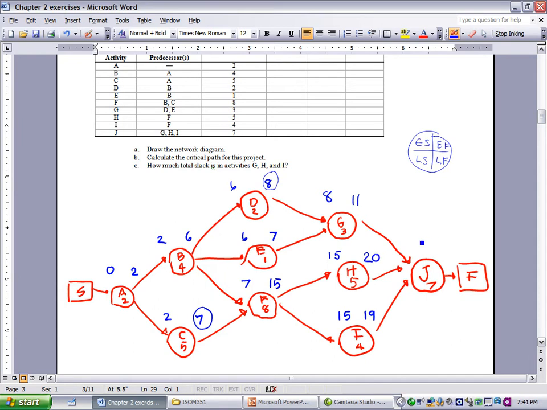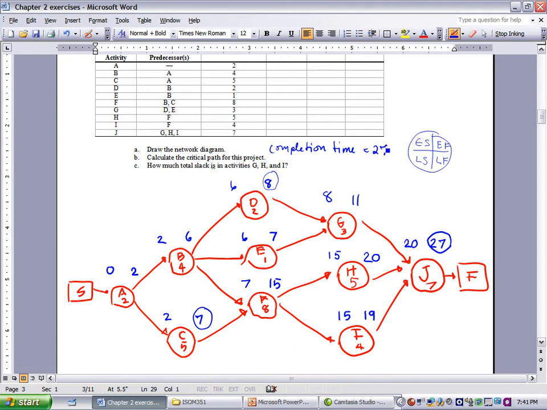You have to fix that, because otherwise the outcome will be wrong. So going forward, you can see the largest number is 27. We can say that the completion time is 27.